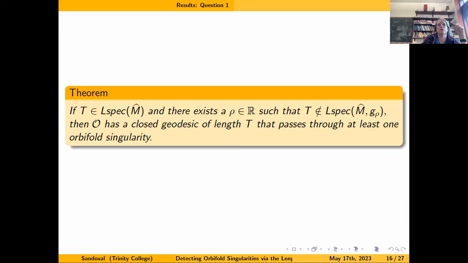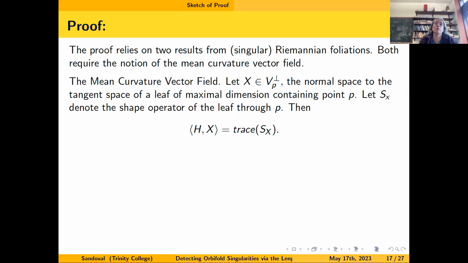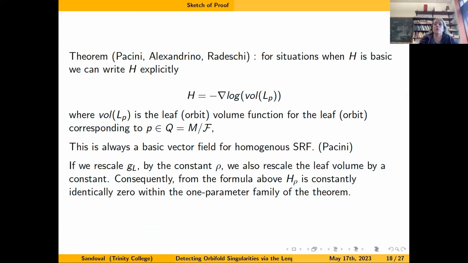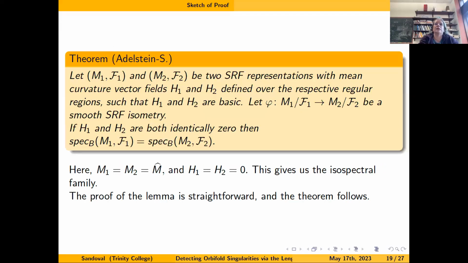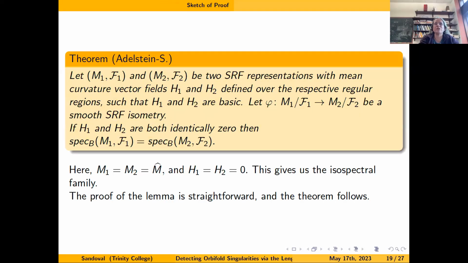With the results I've just discussed, we get this isospectral family, which all have the same spectrum, which is the spectrum of the orbifold. So these length spectra are all associated to the same orbifold, and that shows the result there. So that covers my first question.